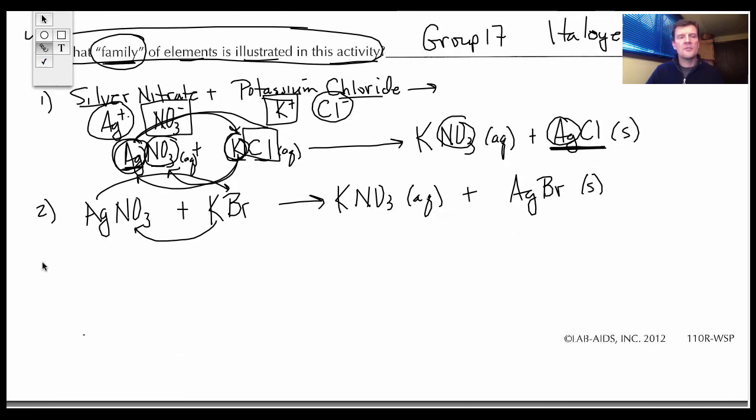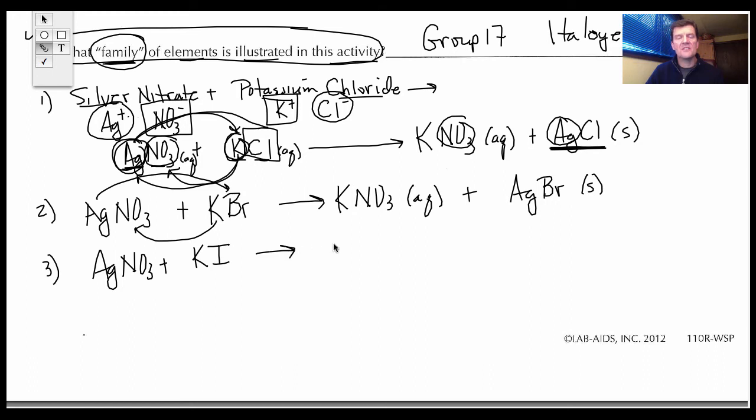Let's do the third one. Again, silver nitrate and potassium iodide. Iodine is a -1 ion that it likes to form. Potassium is a +1, so just one of each of those.